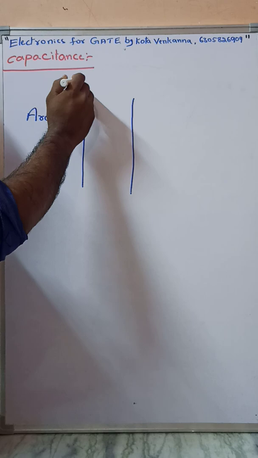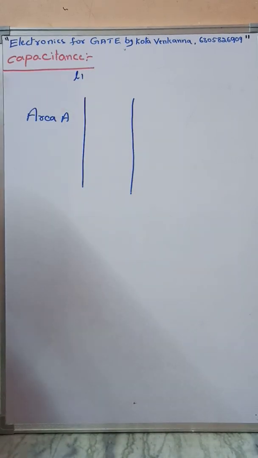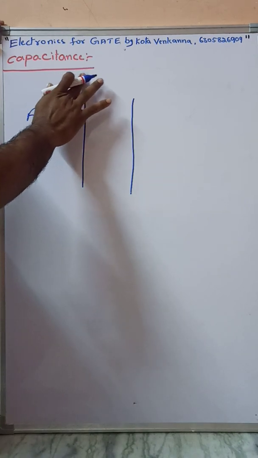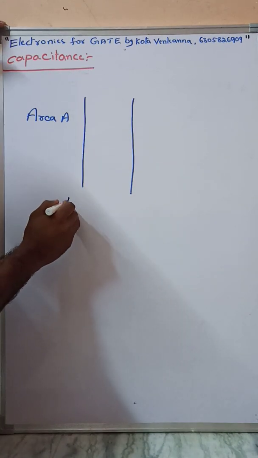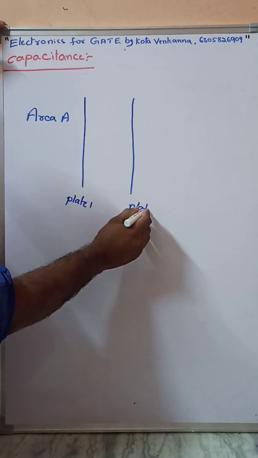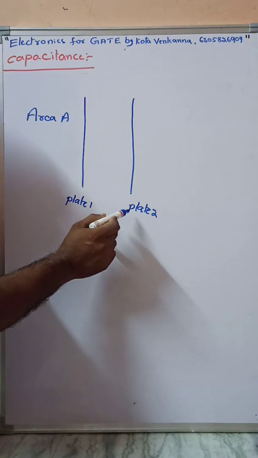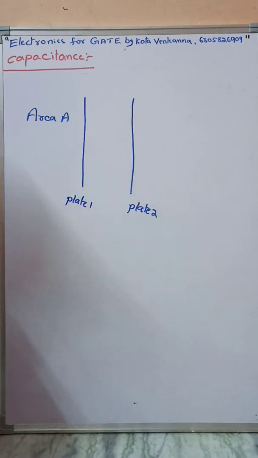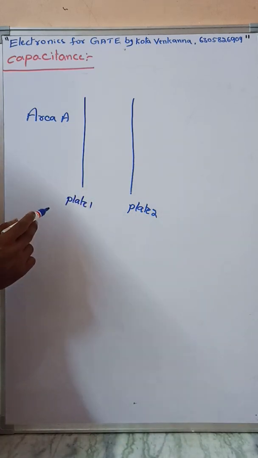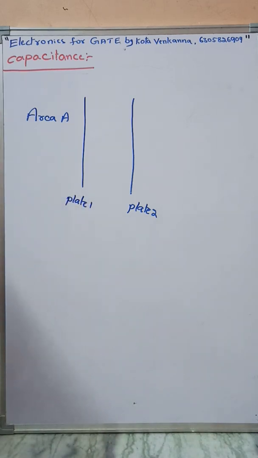So this is plate 1, and this is plate 2. The area of parallel plate 1 must be equal to the area of parallel plate 2, and the length of plate 1 must be equal to the length of plate 2.